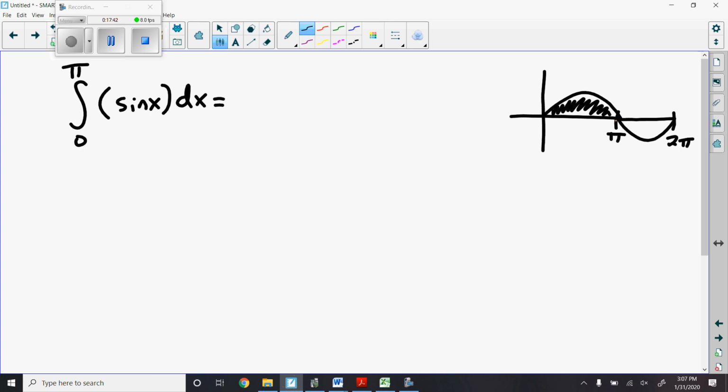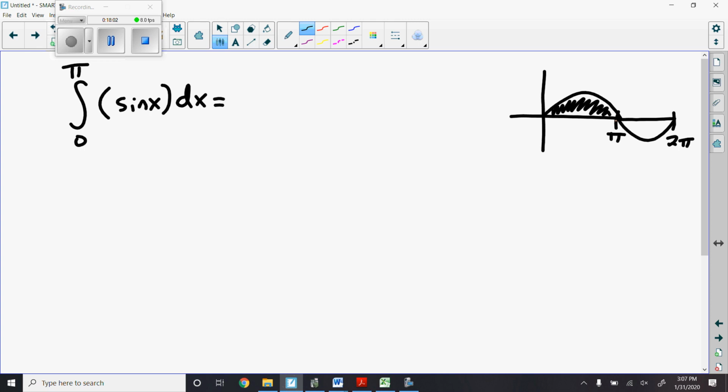So let's think about the antiderivative of sine. Well, again, this is one we have to have memorized. You have to know that the antiderivative of sine is negative cosine x, because the derivative of sine is positive cosine, the antiderivative of sine is negative cosine.